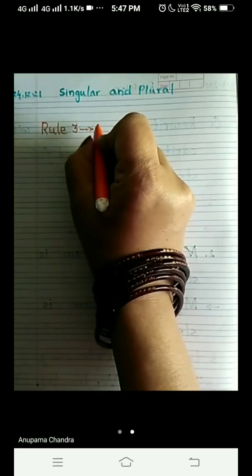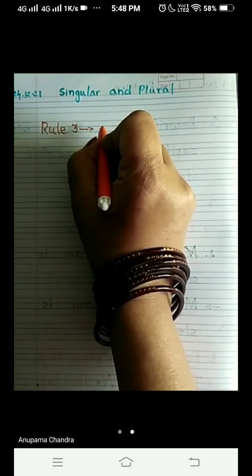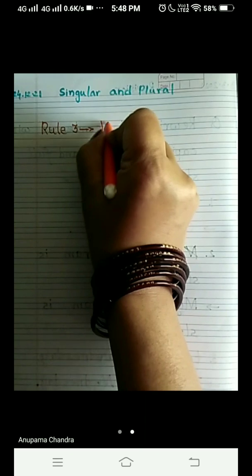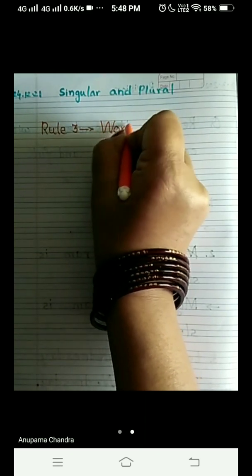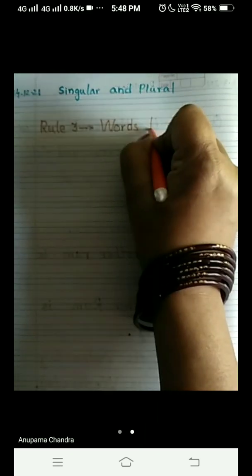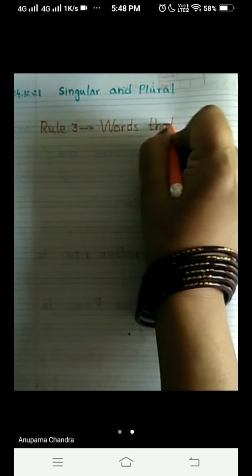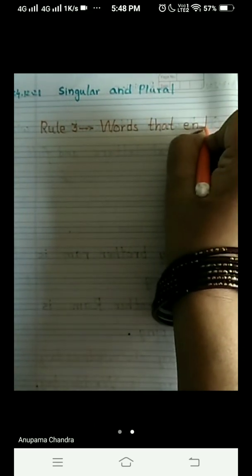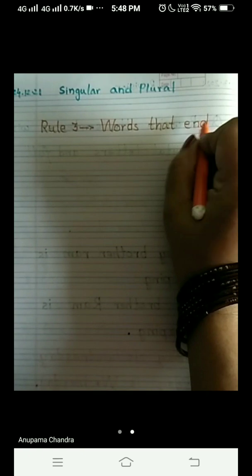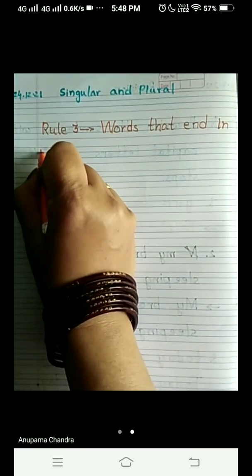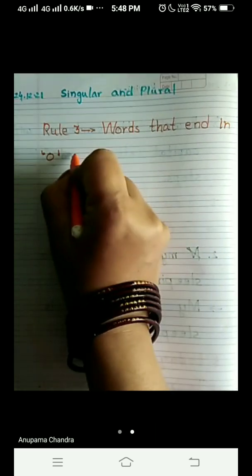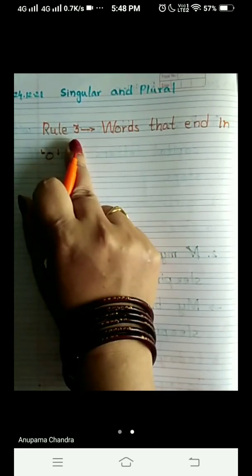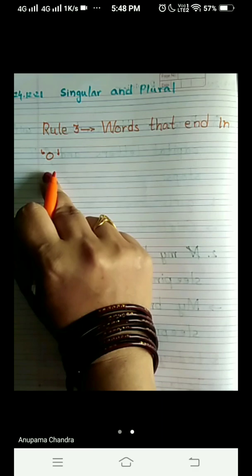And what is rule 3? Words that end in O. Put it in inverted comma. So this rule number 3 is for the words which end with an O.